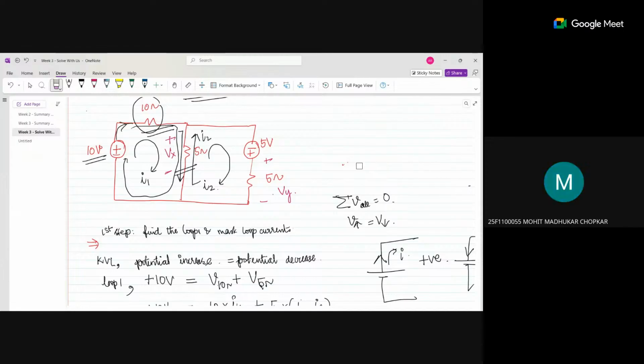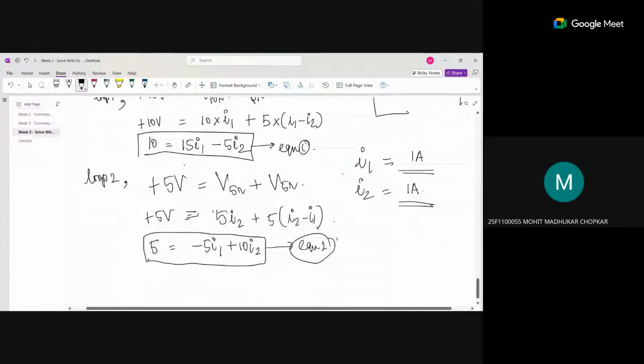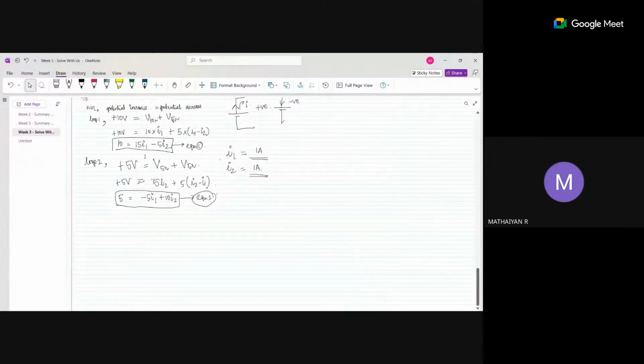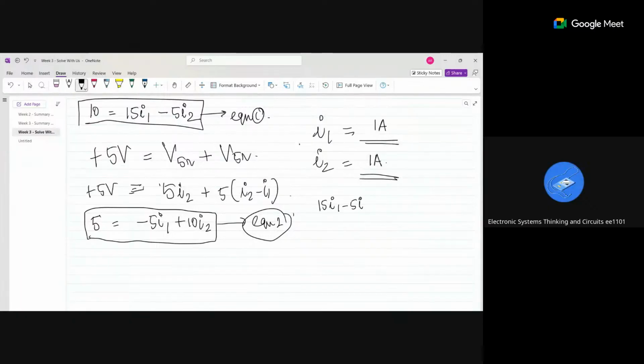Ma'am, can you tell me just once how we got that? I have not solved equations for so many days. Okay. See, there are two equations: 15 I1 minus 5 I2 equal to 10. I can divide each one by 5, right? So 3 I1 minus I2 equal to 2.